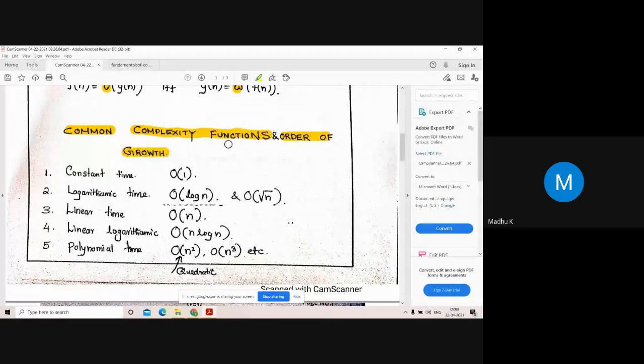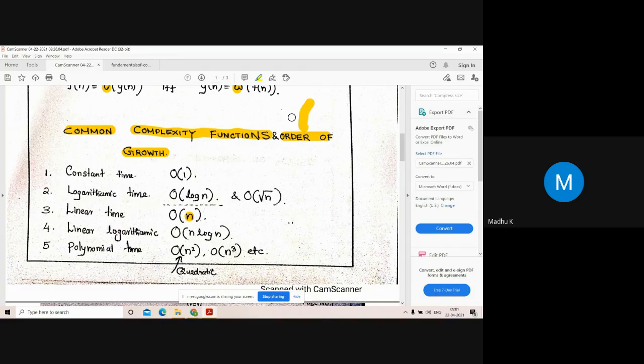Which functions are we using, and what is the order of growth of those functions? We measure the time complexity in terms of functions, like n, log n, etc. So what is the order of growth?